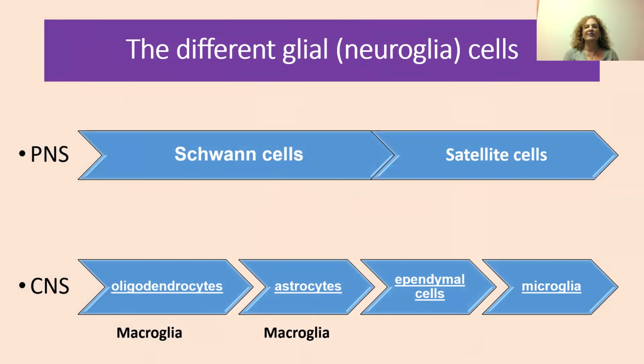In the PNS, we have two cells, the Schwann cells, which we discussed already, as well as the satellite cell, another type of supporting cell. In the CNS, we have different cells depending on their function. One is the oligodendrocyte, the other is the astrocyte, also known together as macroglial cells. And then we've got the ependymal cell as well as the microglia cells.